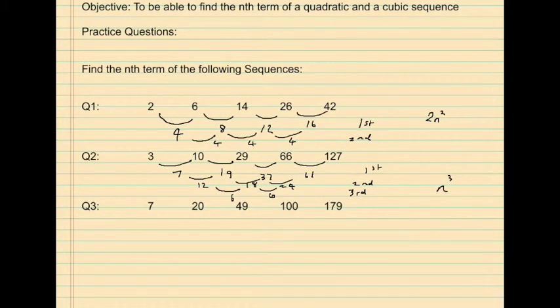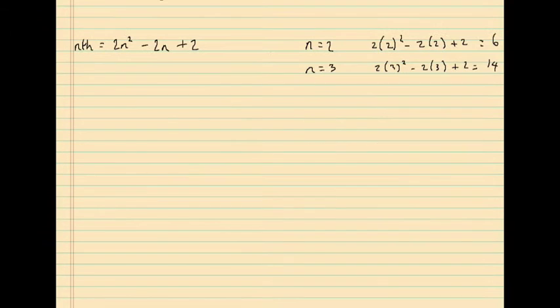Okay, let's go down the page again. So this time, if we write our sequence down again, we've got n, and we have 1, 2, 3, 4, 5, just like last time. Our sequence here is going to be 3, 10, 29, 66, and 127.